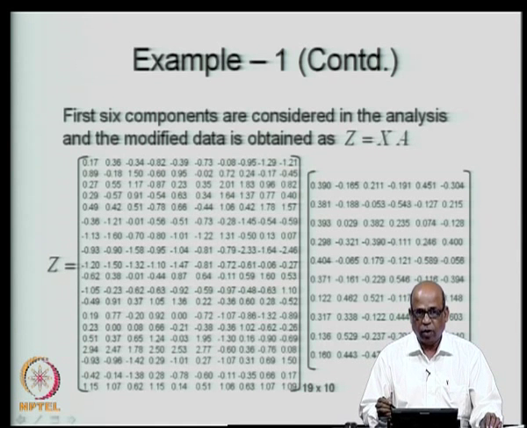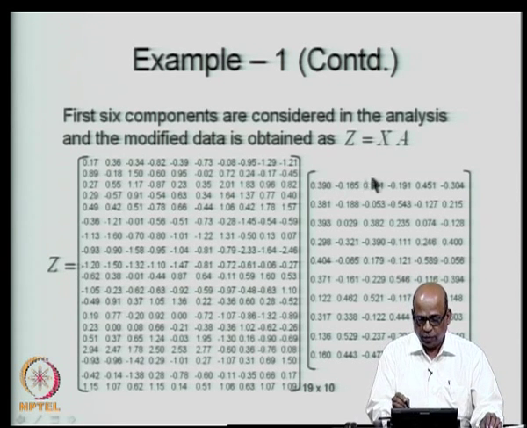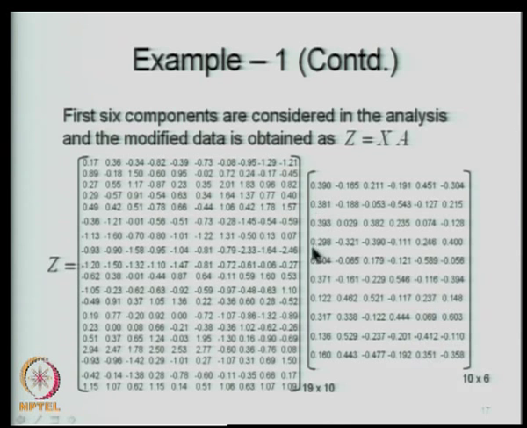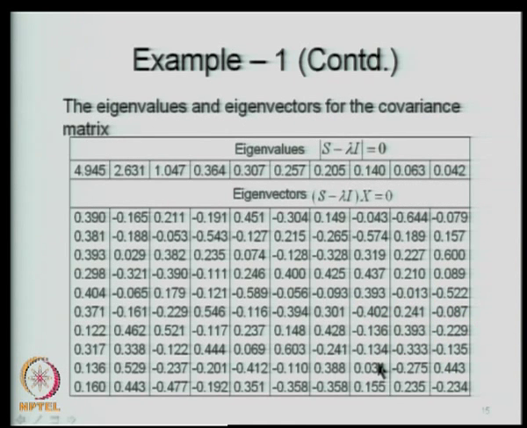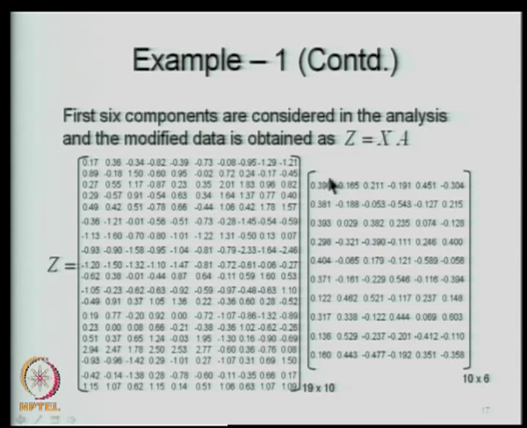So, A is a matrix of 10 by 6. Look at this now: the first column is the first eigenvector, which is the first principal component, then the second principal component, third principal component, etc. These are the 6 principal components we are considering.